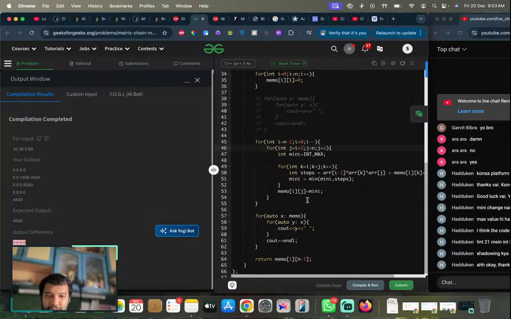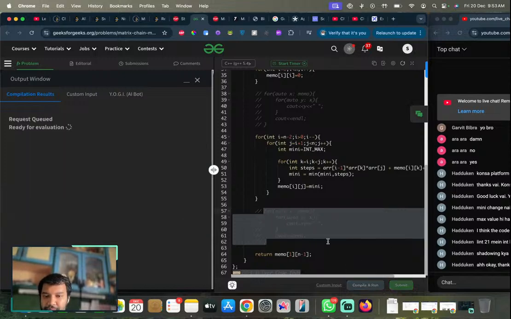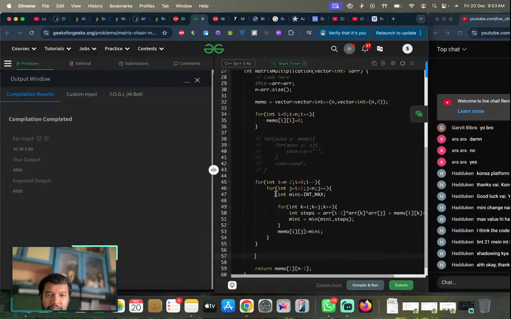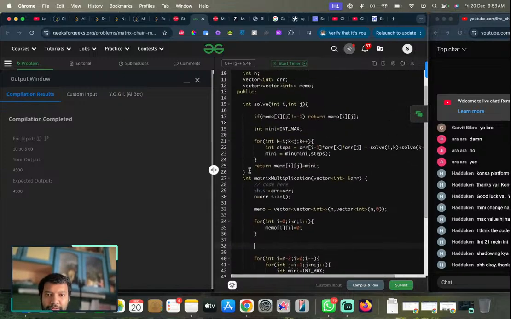Cool. We have a top-down version. We can delete a lot of code now.